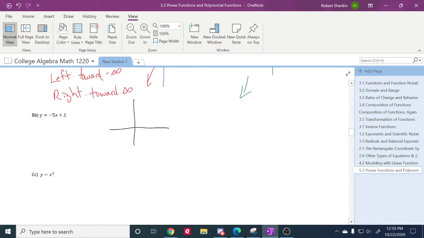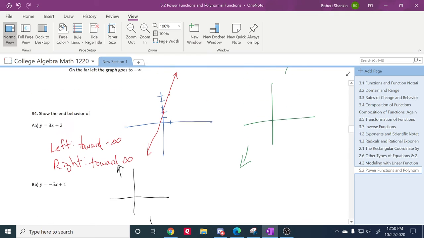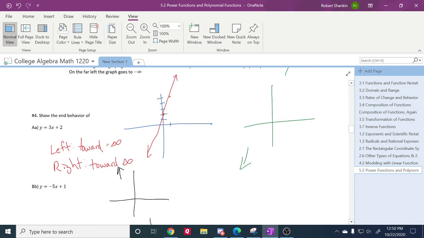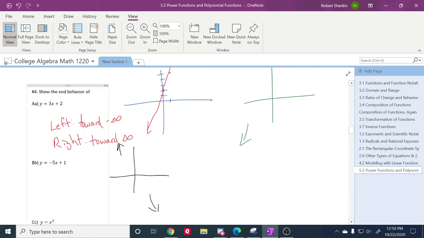Alright, it's got a y-intercept of 1, but its slope is negative, so it's going down. So the end behavior over here is down, and over here is up, since it had a negative slope. Positive slope is sending us to the right up, to the left down.